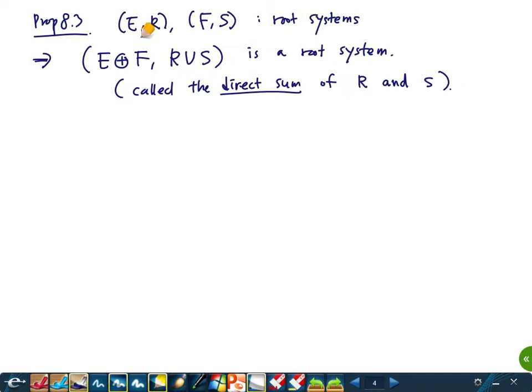We must specify an inner product here. We have an inner product here, but what is the inner product for this? So here, the inner product on E direct sum F is the natural one.